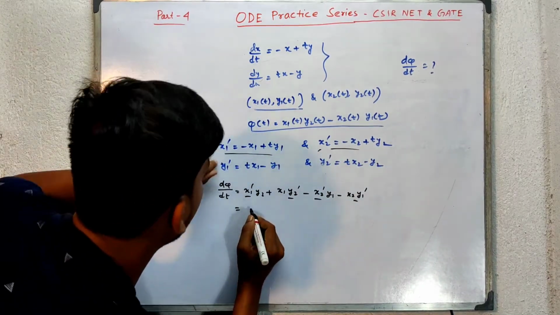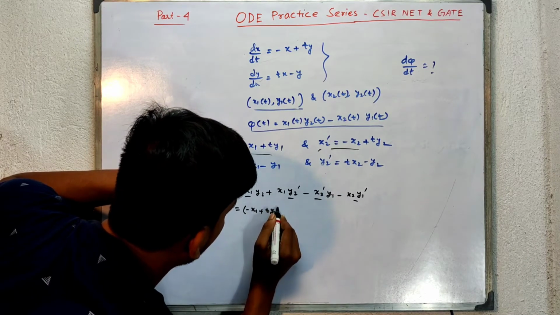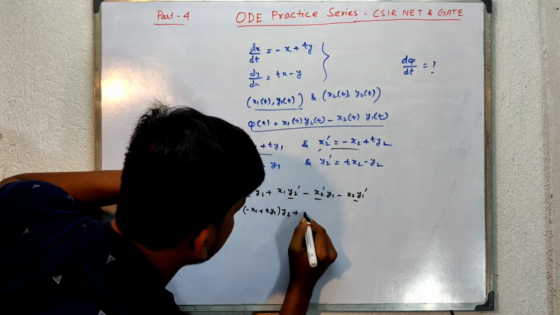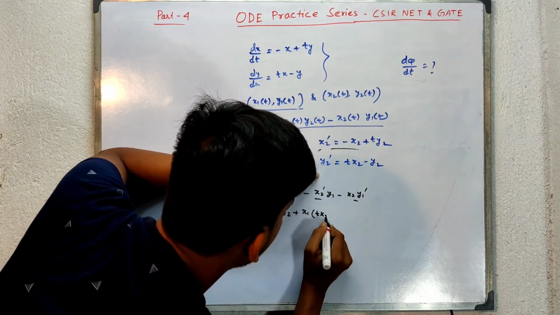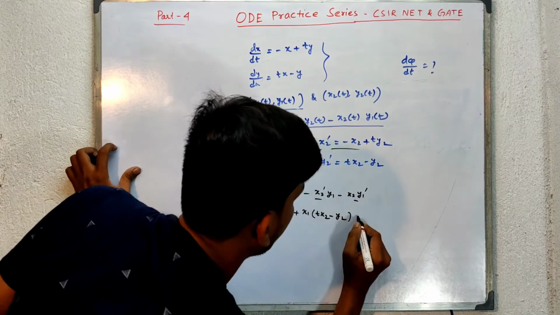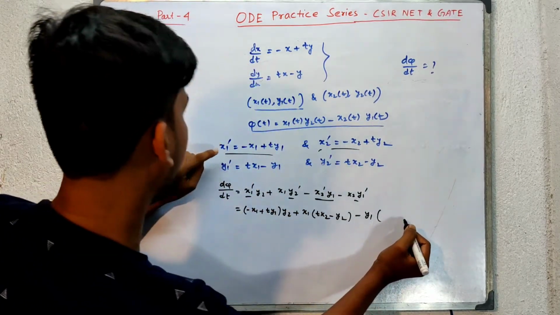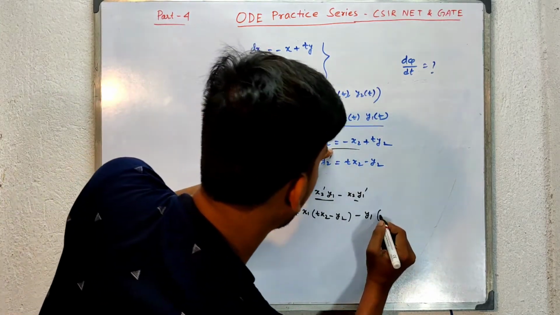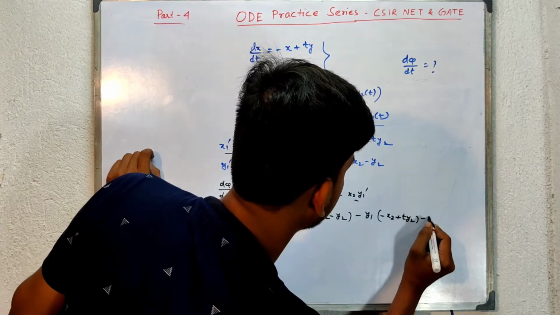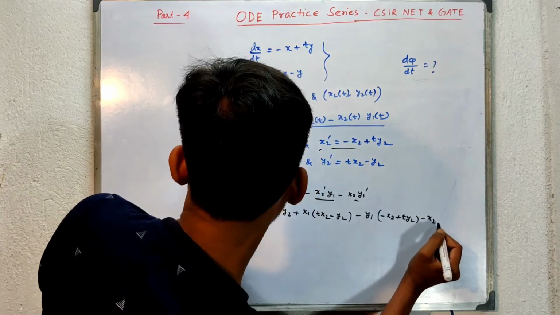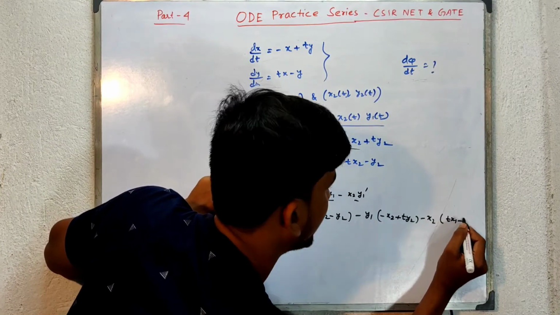So this is x1 dash times y2, that is minus x1 plus t y1 times y2, plus x1 times y2 dash, that is t times x2 minus y2, minus y1 times x2 dash, that is minus x2 plus t y2, minus x2 times y1 dash, that is t x1 minus y1.